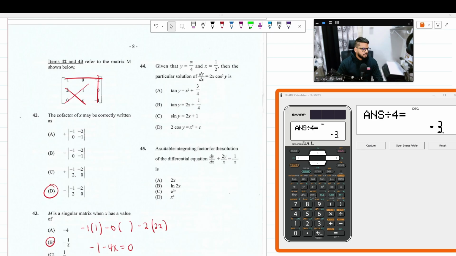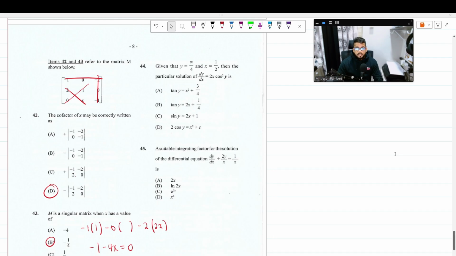Alright, next. Given that y is equal to pi on 4 and x is equal to a half, the particular solution of 2x dy dx. Oh, okay, cool. We're going to go and integrate, right?